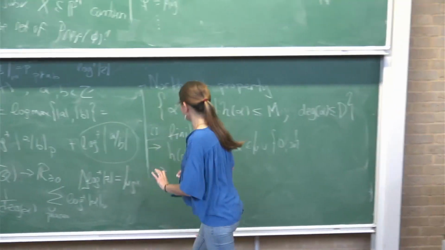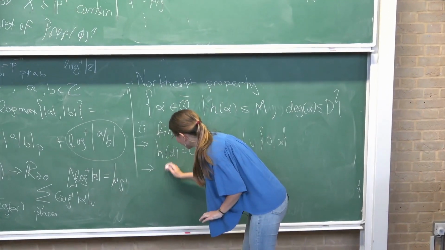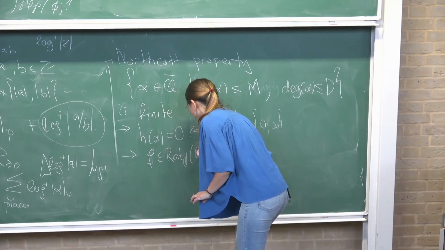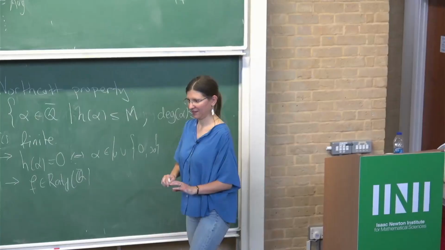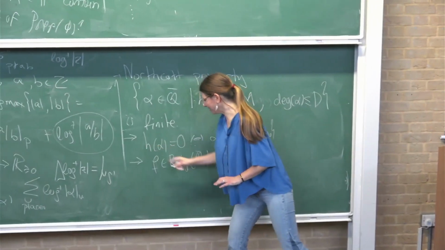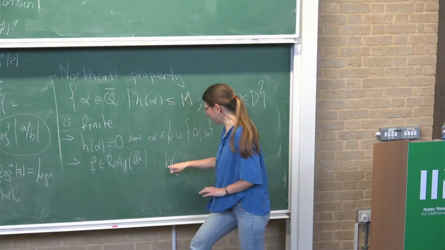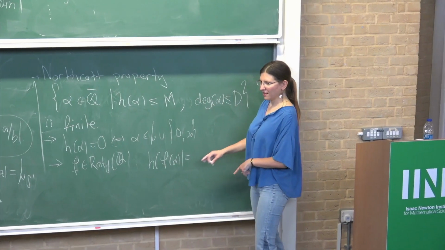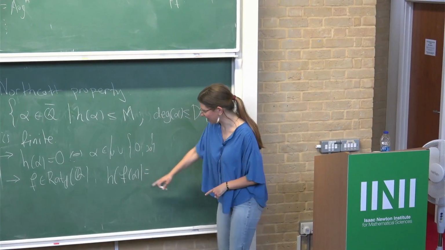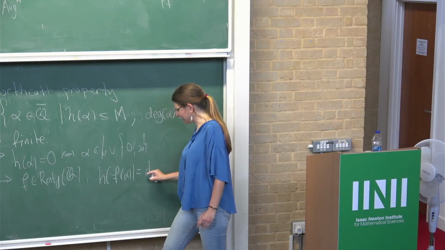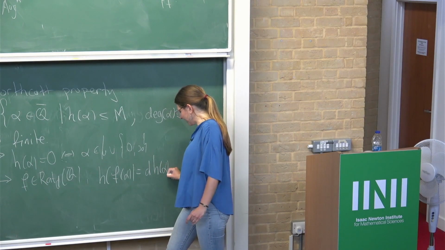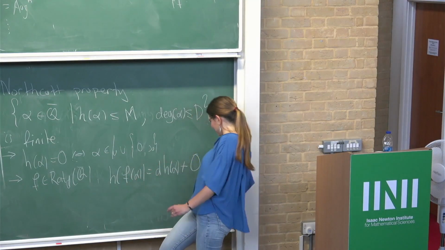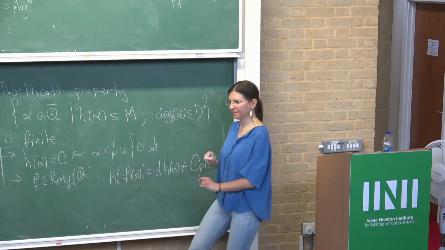is, and this takes some proof, that if I have now a rational function f of degree d defined over Q bar, and I plug in the height of the iterate of a point, then I can see how it grows. It grows like d times the height of a point plus some error term that depends only on f.